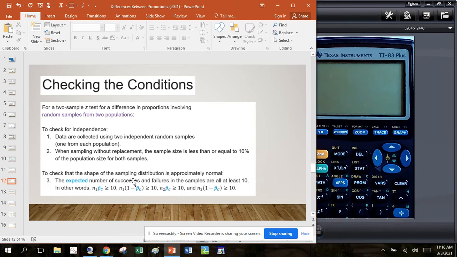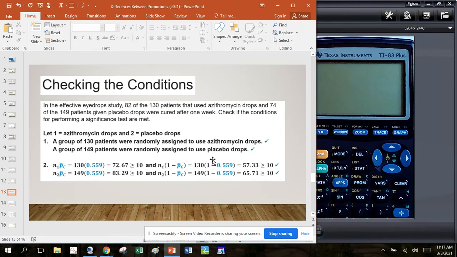So instead of using P1 and P2 now, you're going to use the combined pooled proportion, but you still have to compare it to the sample size of the first group and the sample size of the second group and still make sure that everything is greater than or equal to 10. So if we go ahead and do that, we can see that that is absolutely fine.